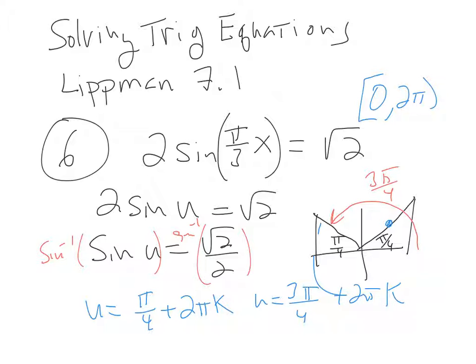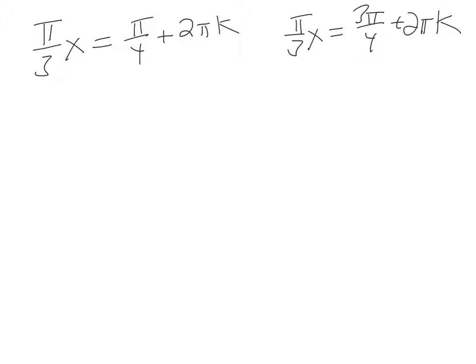Now, what I haven't dealt with is my U-Substitution, where I said u is equal to pi over 3 x. So we're going to have to take care of that next. I rewrote that expression with the pi over 3 times x. To isolate the x, because we're trying to find the solutions, I'm going to divide by pi over 3, which is the same as multiplying by 3 over pi.